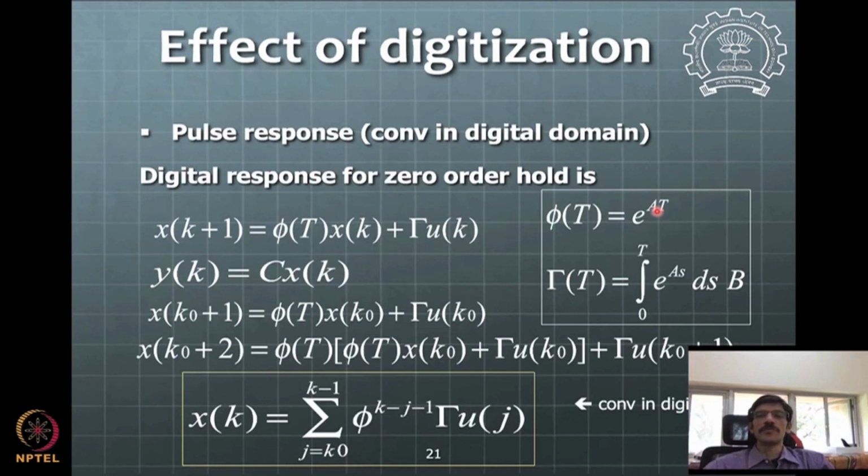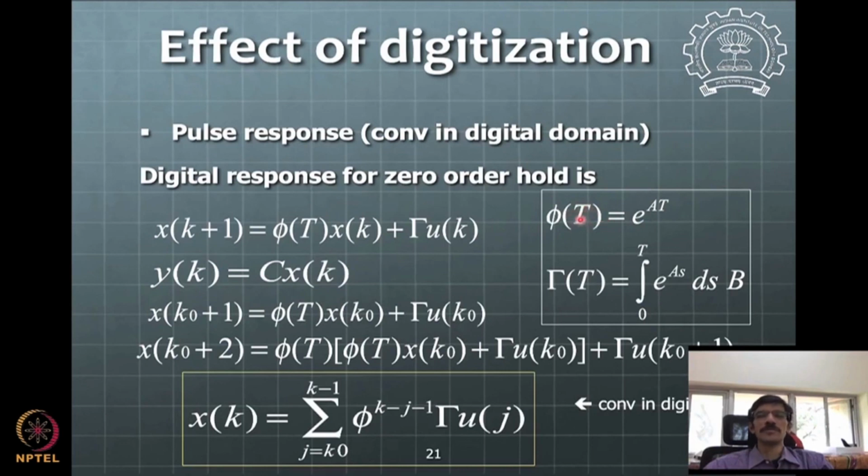With this you can see that if I use s as the variable for the pole, then e to the power sT is my pole for the discrete domain system. This is termed as z here, or q here.